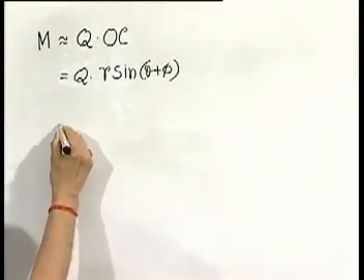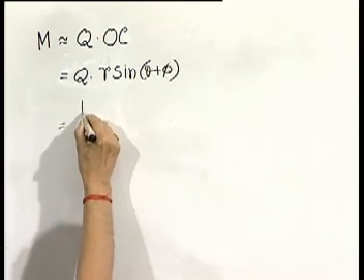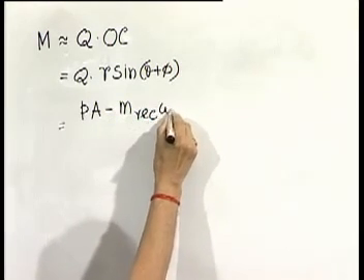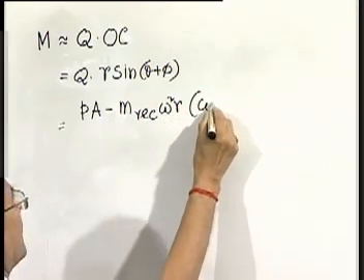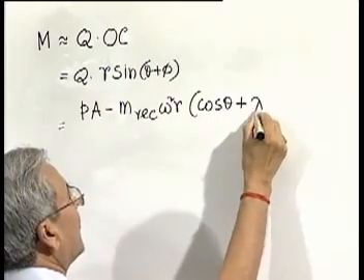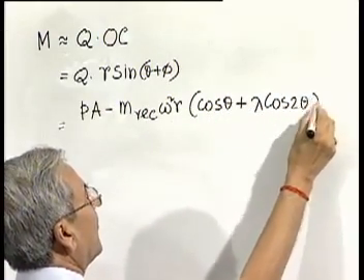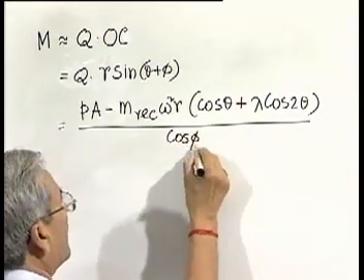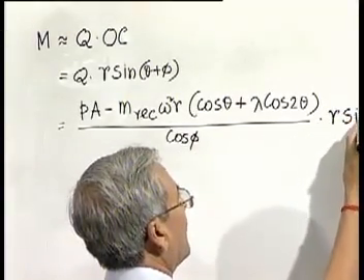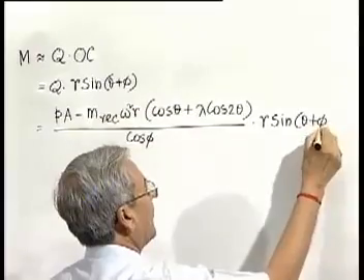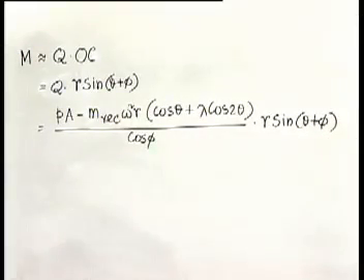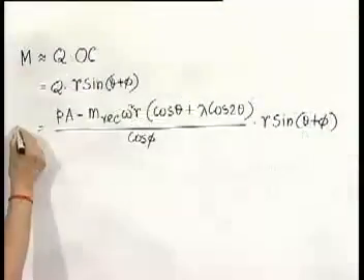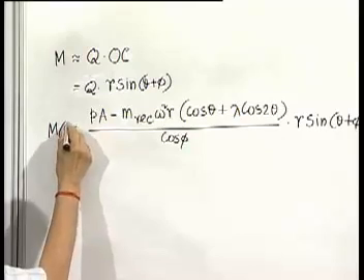And we can write this is equal to, therefore now, this is the expression for the turning moment, which you can see is actually a function of theta.